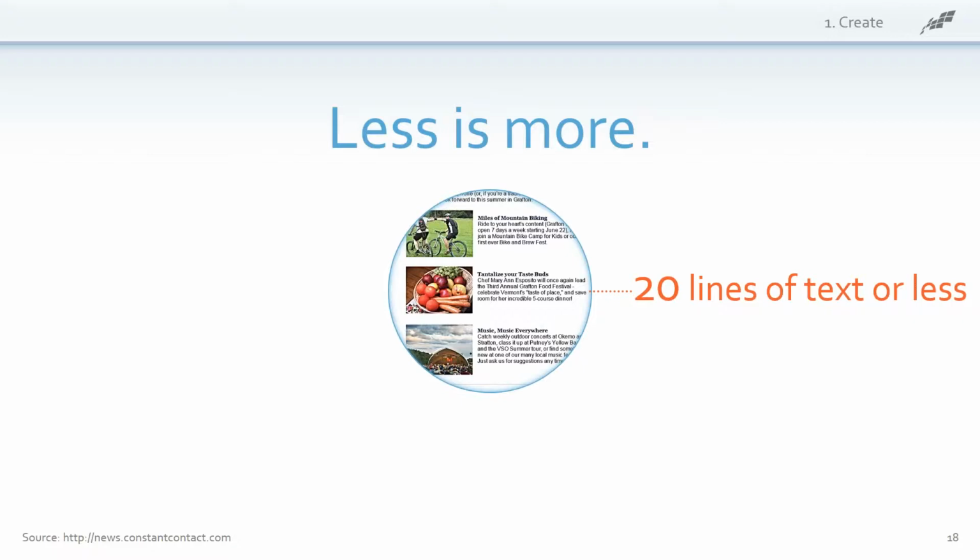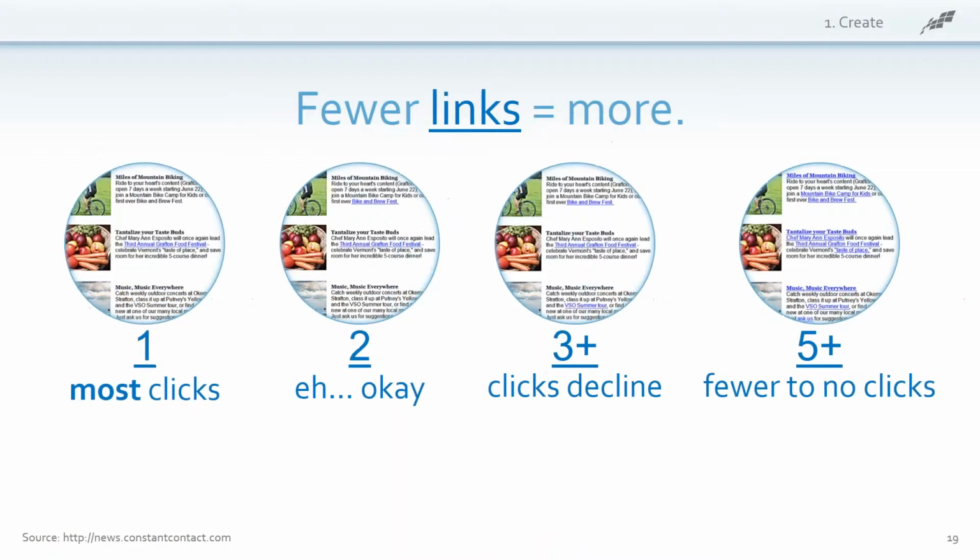If you have 20 lines of text or less, that is the best and most effective email. And if you have 3 pictures or less, I would say 3 pictures plus your logo on the top, not more, okay?